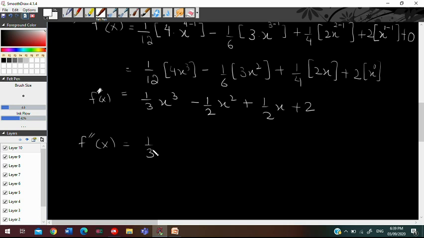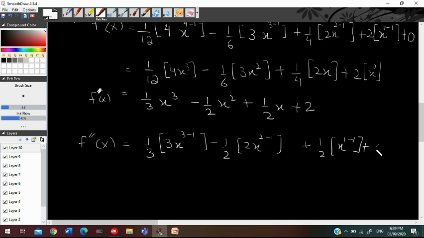Again, 1 by 3 is a coefficient. Here we use the power rule. Then 1 by 2, 2x^(2-1) plus 1 by 2 x^(1-1), plus 2 is a constant, so we write 0 here. 1 by 3 into 3x square, 1 by 2 into 2x, 1 by 2, x naught means 1.